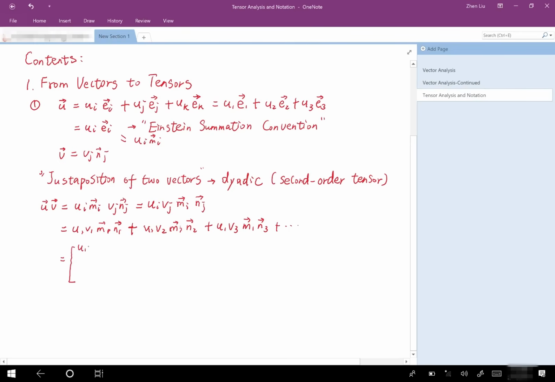So we can have U1 V1, U1 V2, U1 V3, and U2 V1, U2 V2, U2 V3. So you can see that there are 3 components.